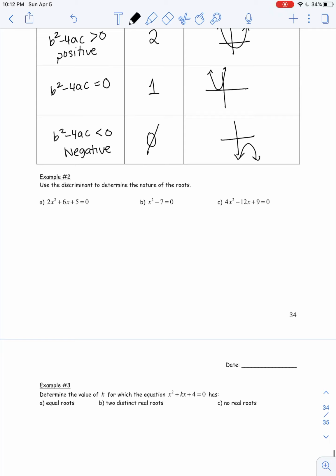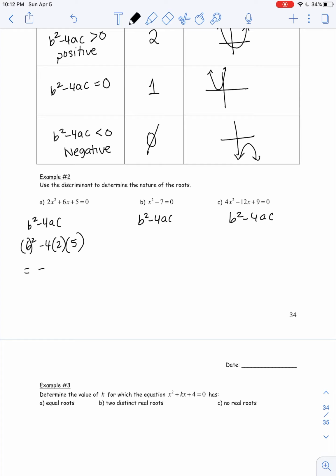So in this case, we're not trying to solve for the actual answer. We just want to know how many solutions there are. So we're going to use the discriminant value, which is this part. In each of these, we are only filling out this equation. So our b in this case is 6. So you're going to go 6 squared minus 4 times your a is 2 and your c is 5.